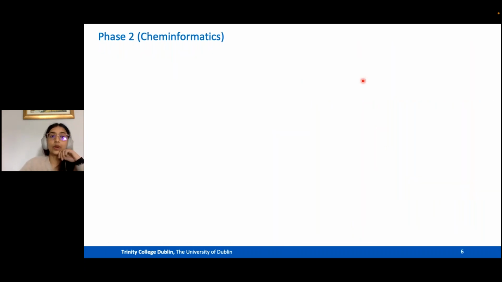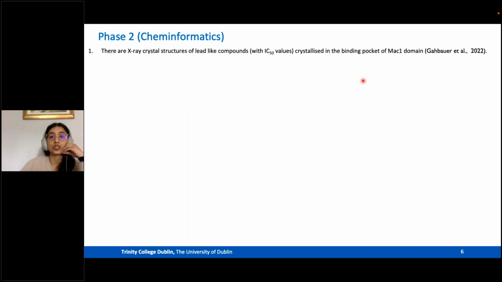We then moved forward with the phase 2 aspect of the approach, that's the cheminformatics. There are ample crystal structures available on the Protein Data Bank, co-crystallized with lead-like compounds, and these lead-like compounds also have IC50 values. So we know that these actives do bind to the MAC1 domain.